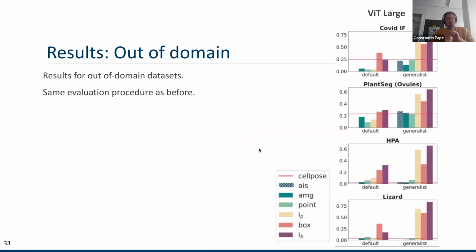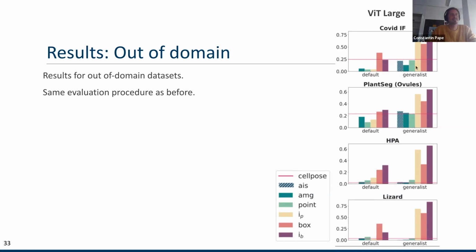And then, I've already talked about this, this is the next part that we compare on what we call out-of-domain data sets. So basically data that was not trained on, and where we also didn't have very similar data sets in training. So we tried quite a lot of different ones, but here just 4 of these, where we also see pretty consistent improvement of our model compared to the default model.